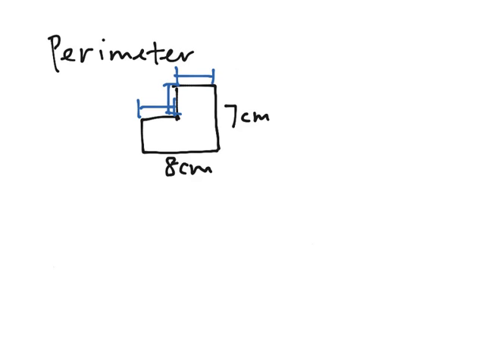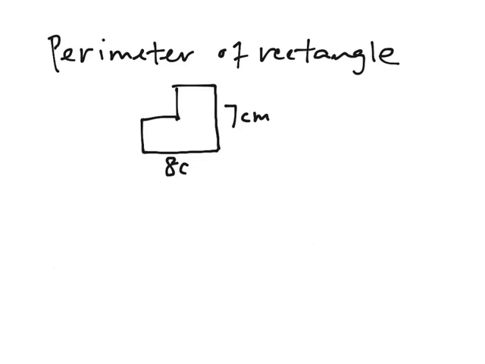Let me erase all these things. Now we are assuming all these lines are straight lines, either horizontal or vertical, no slanting lines.